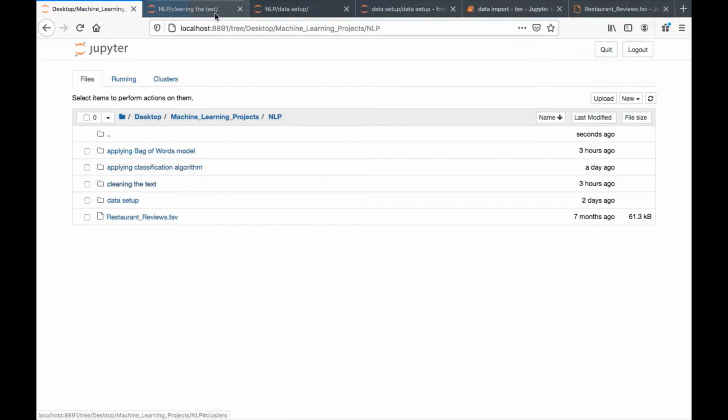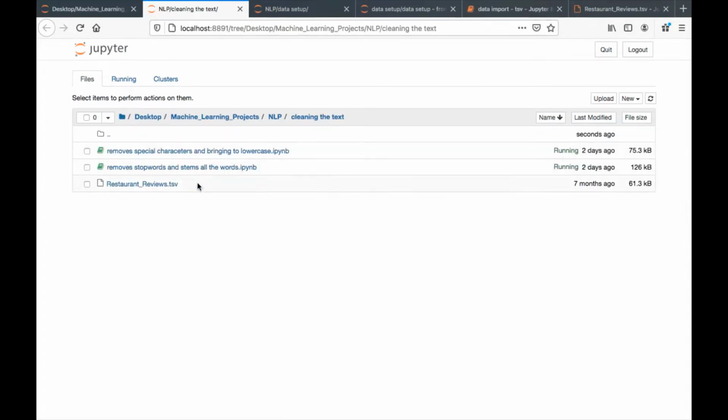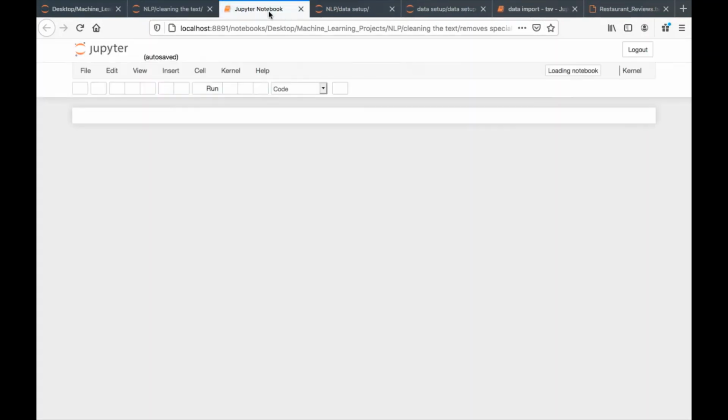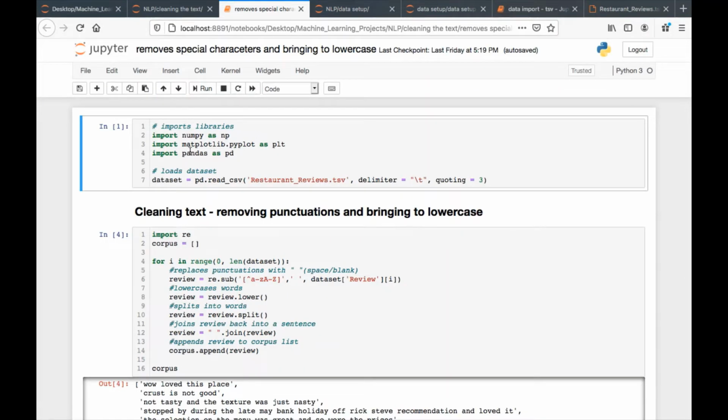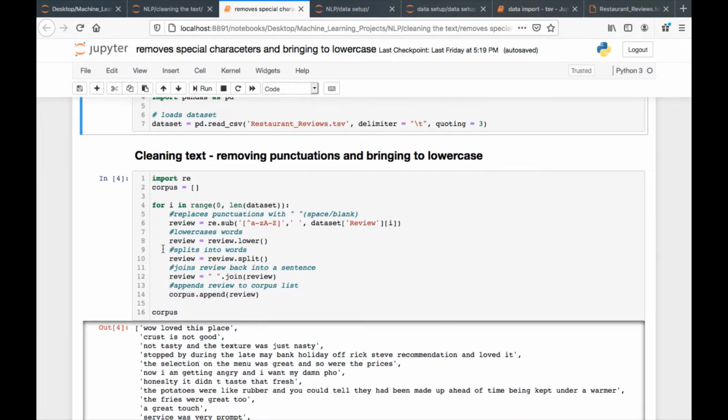Next we look at cleaning the text. Our text has to be processed a bit before we feed it to a machine learning model. Over here, two things. First, we are making use of the regular expression module called re.